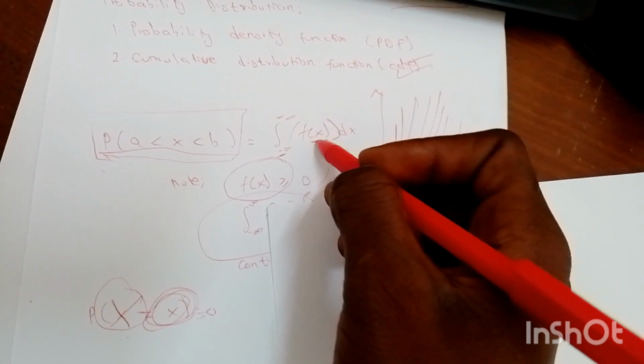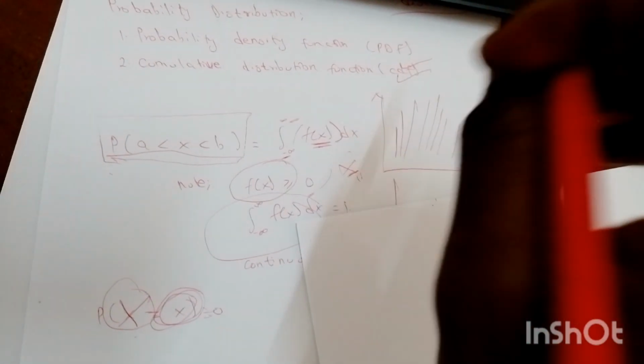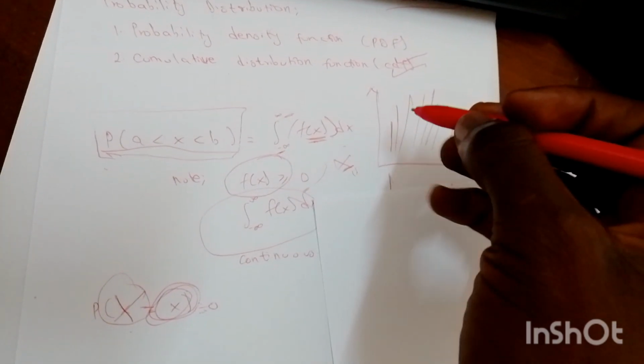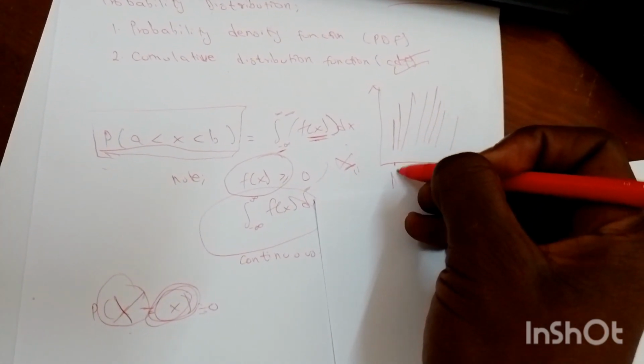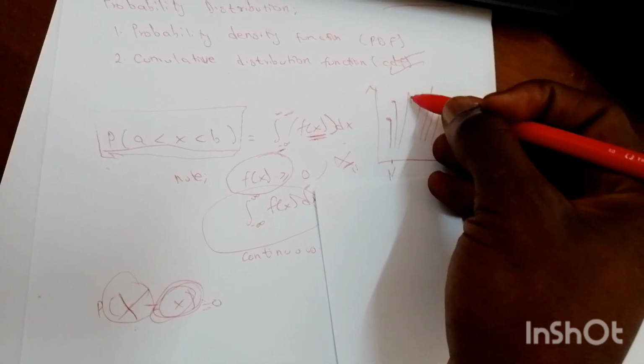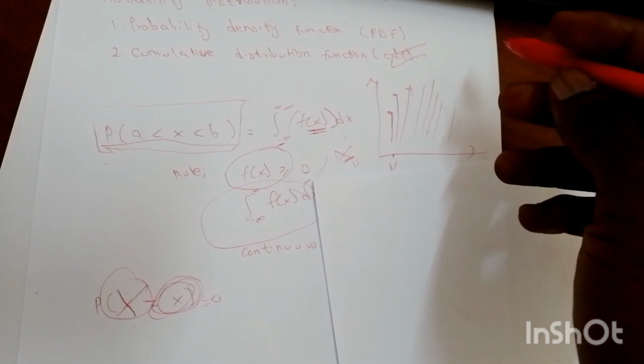Now, f of x is the value at a particular point. Let's say we are considering x equals 1, then you have your f of x there, and as the values change, all of that changes too.